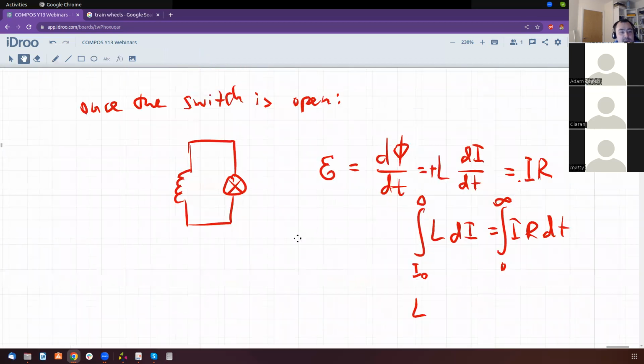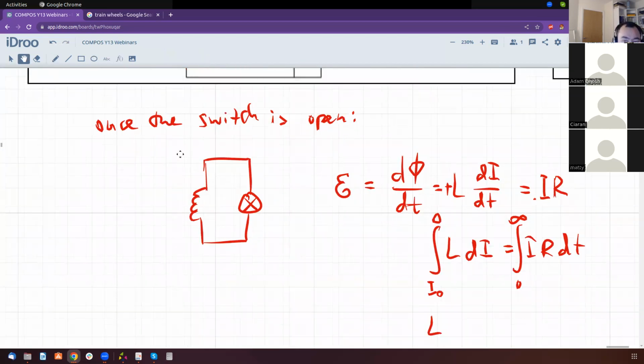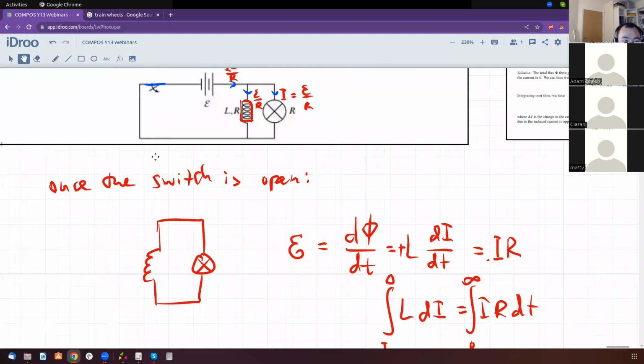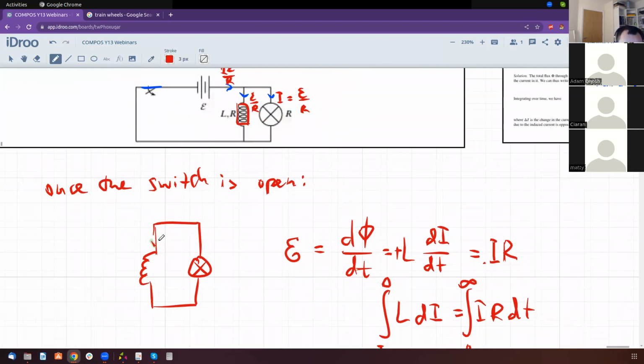When this happens, we need to step back a little. There's a current flowing through this inductor, and inductors don't like change. So the moment you switch it off, the current through the lamp changes direction. Initially the current through the lamp is going downwards, but the inductor will take over because the inductor produces EMF, and the current will go this way.